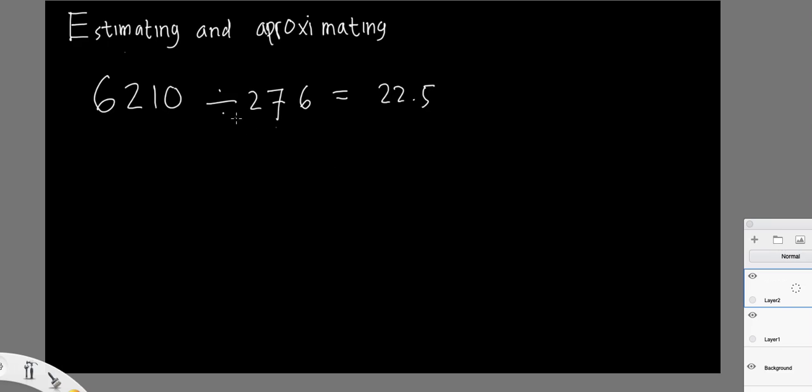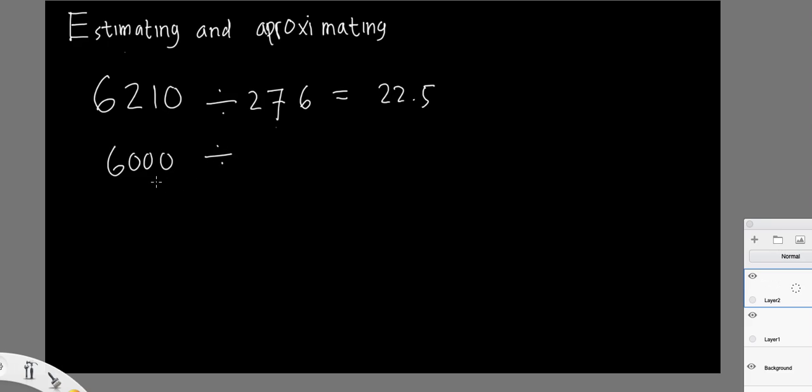But using estimating and approximating, we round the numbers first. Instead, it gives us a simple way to calculate. We round 6,210 to the nearest thousand, which is 6,000.